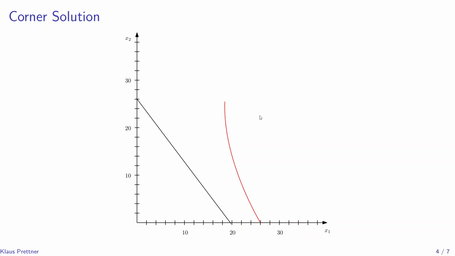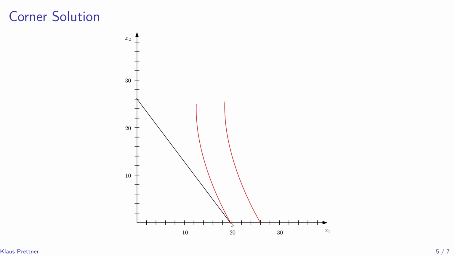However, in case of a corner solution, what happens is that the consumer has a very strong preference for one of the two goods over the other. So, for example, this indifference curve here would indicate that the consumer likes good 1 much more than good 2. So, in this case, the indifference curve that is farthest away from the origin and that still has one point on the budget line would actually be this one here.